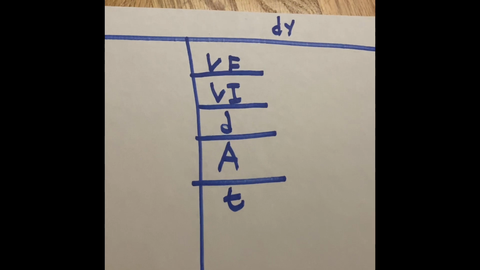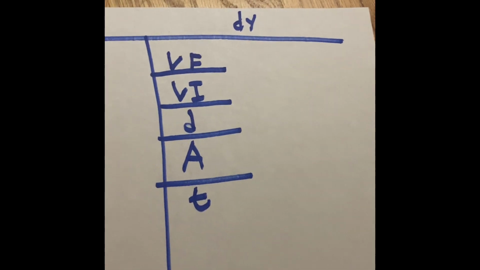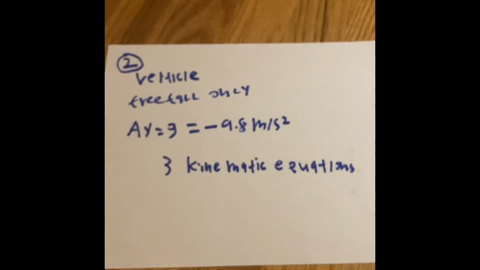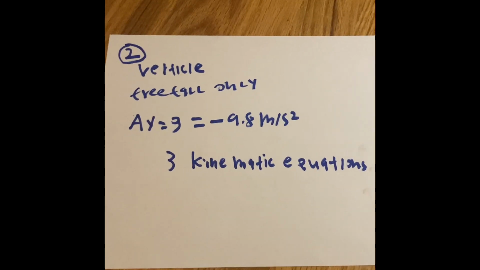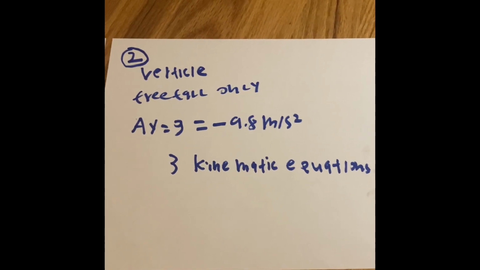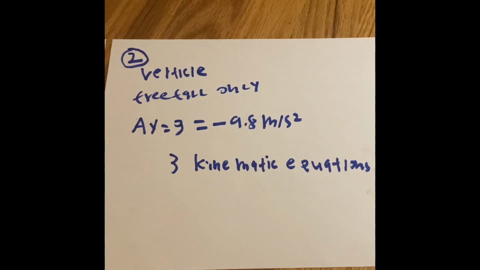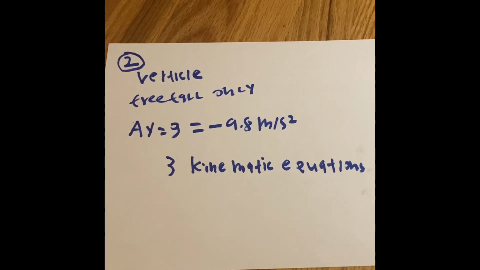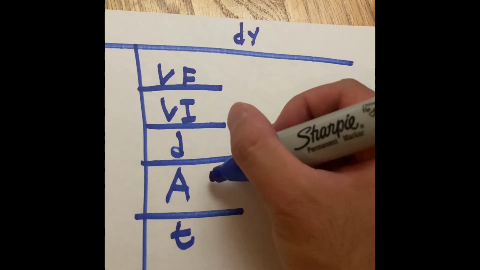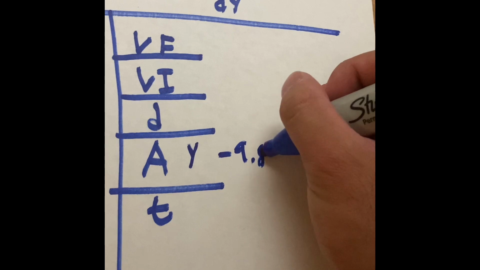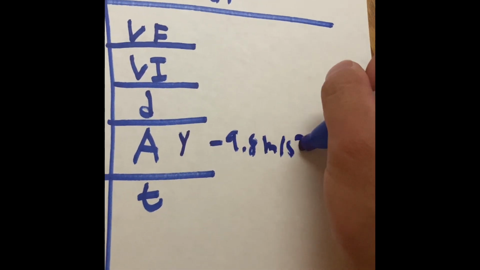To apply what we know from the past few videos, when you talk about the vertical axis, you free fall only. The ay, or the acceleration, is negative 9.8 meters per second squared, and you use the three kinematic equations to solve it. So what we know here is that ay equals negative 9.8 meters per second squared.